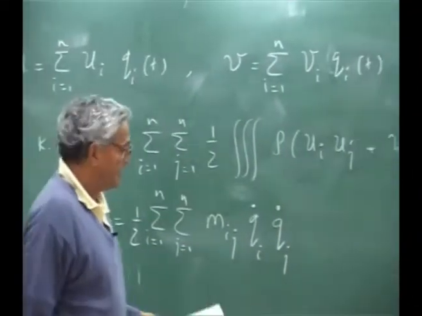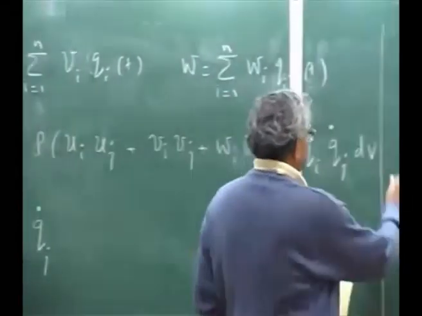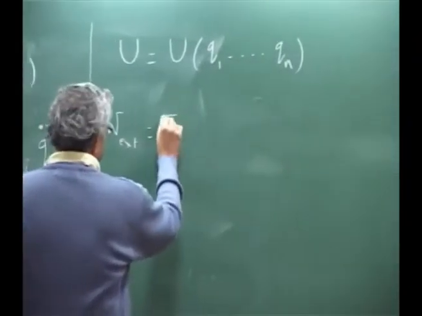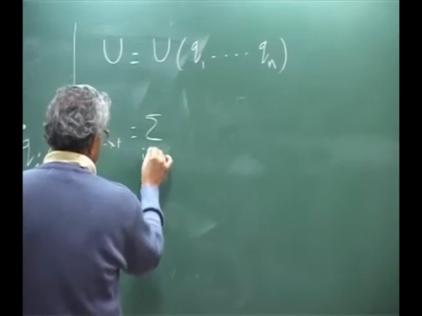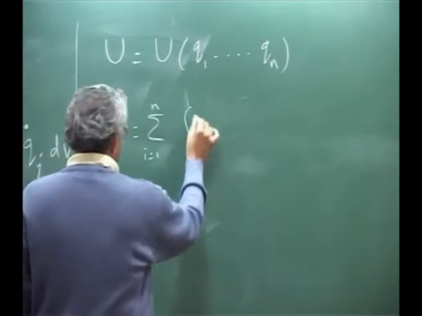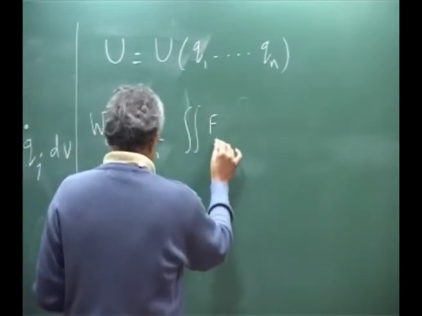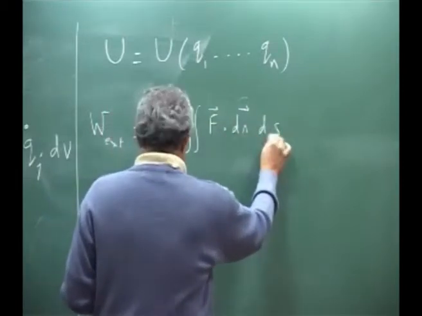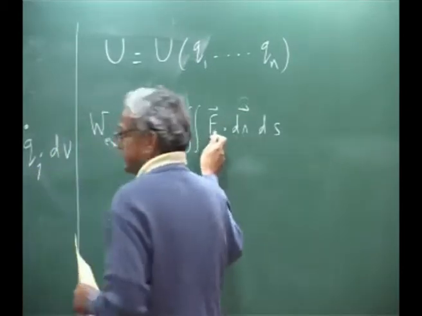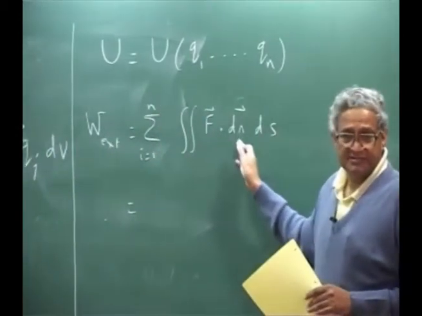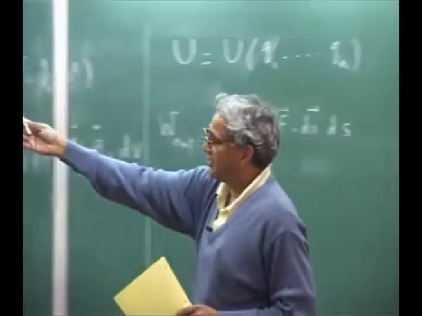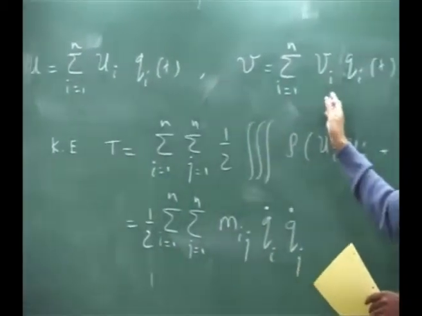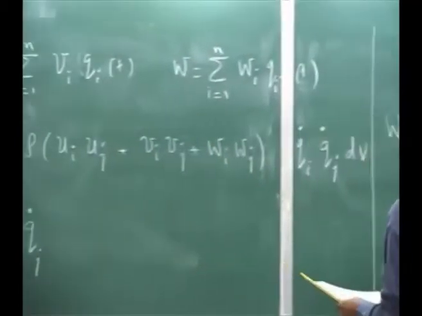Now the external work. If it is a surface load, you assume F dot dr, over the surface, where F is Fx, Fy, Fz. You take a dot product with respect to all of them, u, v, w, and you will get Fx ui.